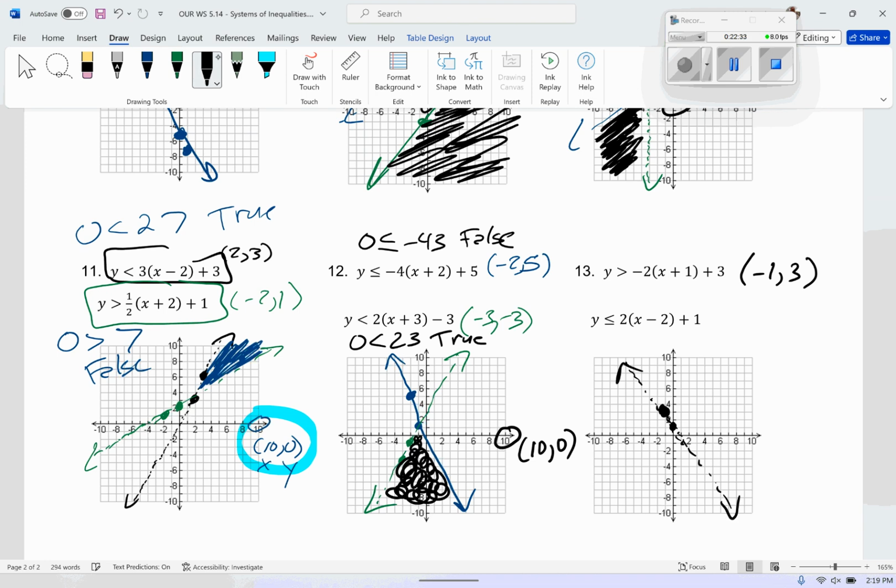Do you agree? Even though my drawing is a little sketchy. All right. What's the point on this one? 2, 1. Right 2, up 1. Up 2, right 1. Solid line. All right, I think.